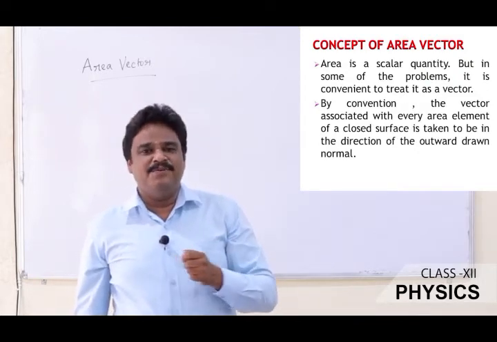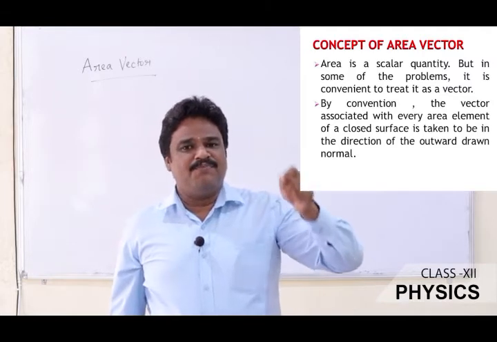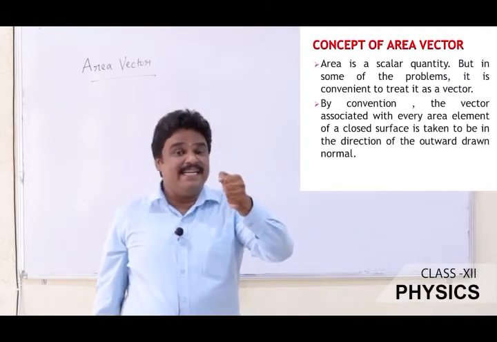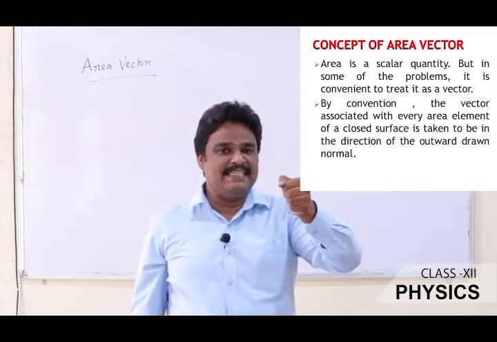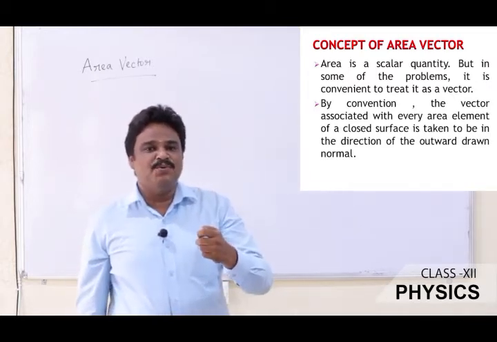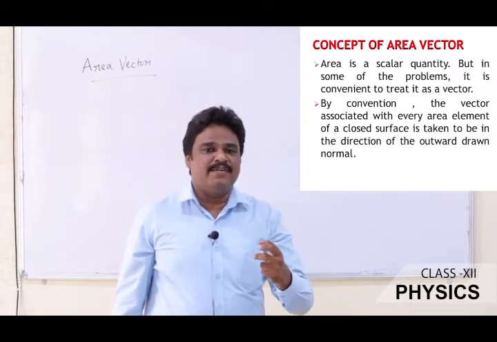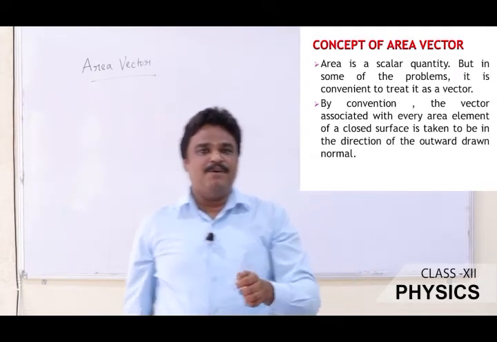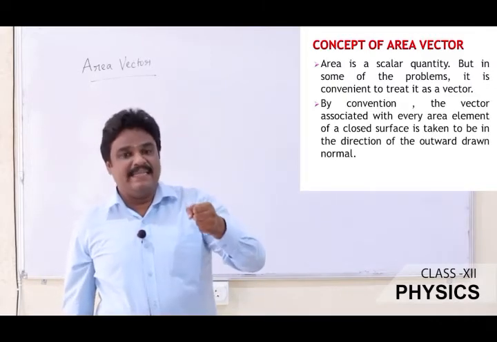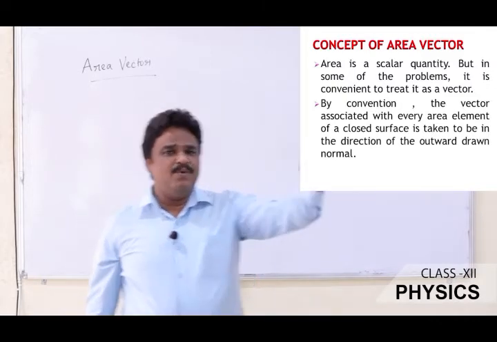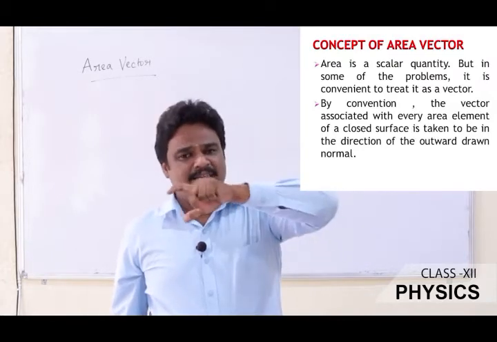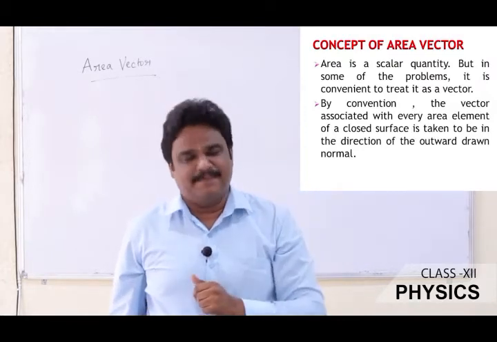Naturally, the amount of water flowing through the ring depends on the way in which we are holding the ring. If I hold the ring normal to the flow of water, obviously the amount will be maximum.